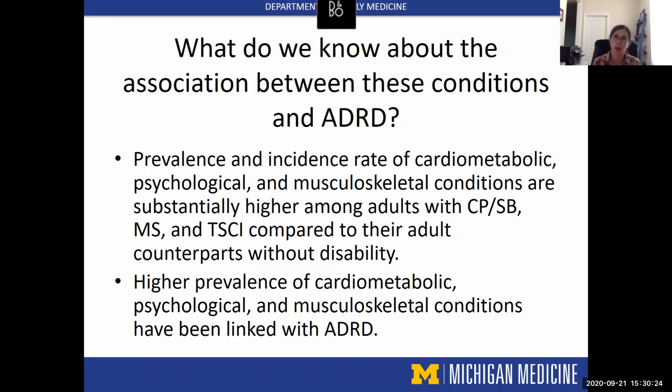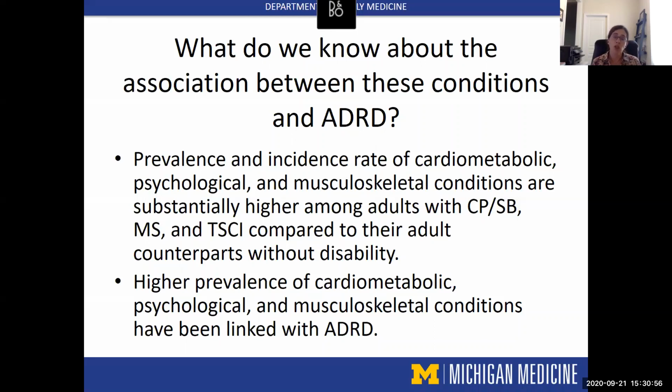Using the same project, using Optum data and other data sets, we know that prevalence and incident rate of cardiometabolic, psychological, and musculoskeletal conditions are substantially higher among individuals with physical disabilities. And it's not surprising. We know that these individuals, because of their disabilities, have a more sedentary lifestyle, less exercise, and physical activity.